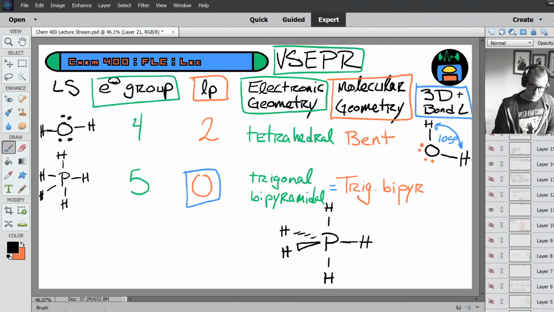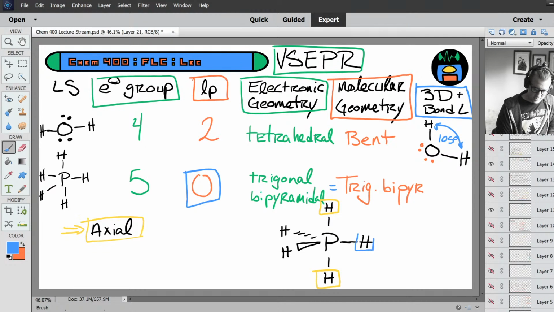Now, these two, the ones that are up and down, these positions are called, I'm going to write them over here, axial, kind of the straight up, straight down situation. And the other three are called equatorial.